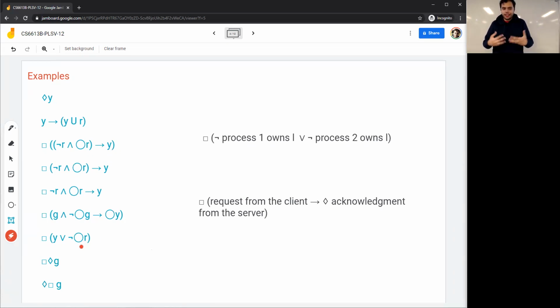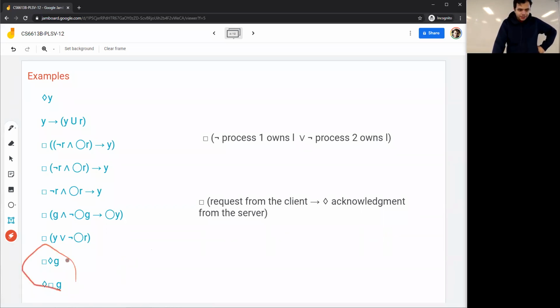It means that at every point of time, either the light is yellow, or we are sure that in the next point, the light would not be red. So this is again saying that if the light is red at some point in time, then right before that, the light should have been yellow. And this applies to every time, right? Okay.